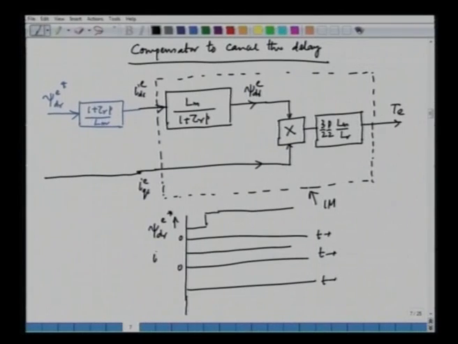This is IQS star. Although we have applied a step change in the flux in this case, there is no delay.